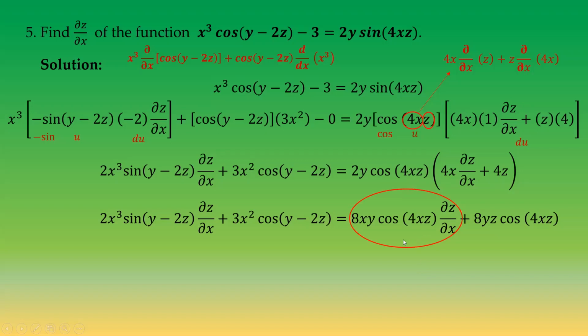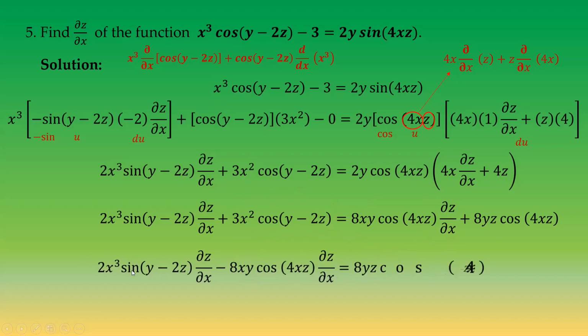Ito ay kailangan nating i-transpose. Ito namang isa ay kailangan mo ring i-transpose. Kaya magiging 2x cubed sine of y minus 2z dz over dx minus 8xy cosine of 4xz dz over dx equals 8yz cosine of 4xz minus 3x squared cosine of y minus 2z.